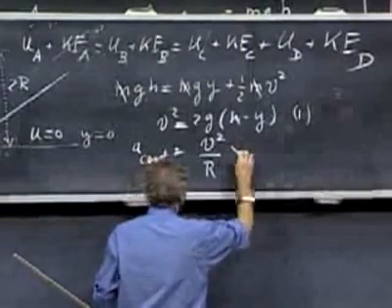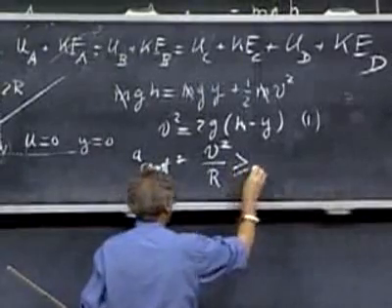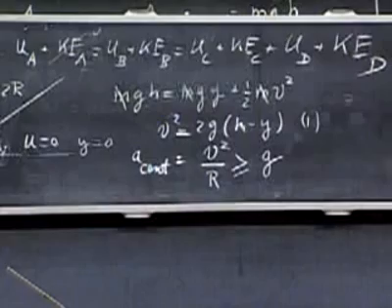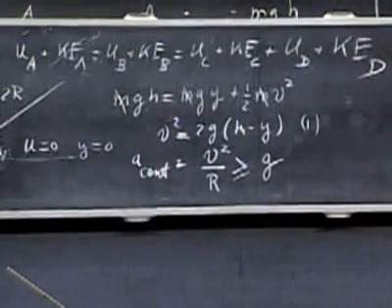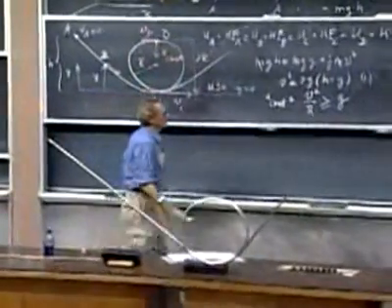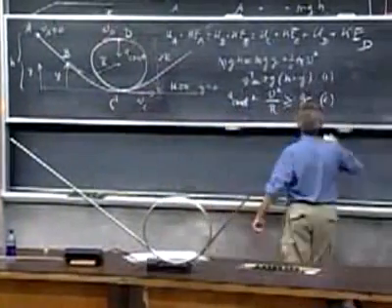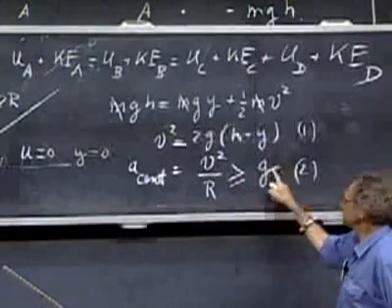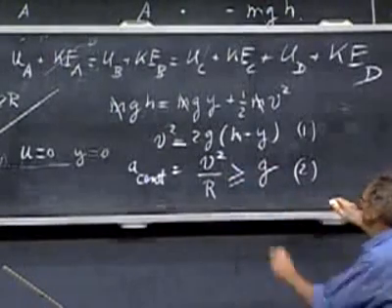And this must be larger or equal to the gravitational acceleration g. If it is not larger, the bucket of water would not have made it to that point D. So this is my second equation that I'm going to use. So look very carefully. v squared must be larger or equal than gr.